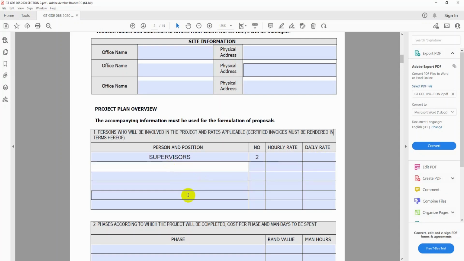And then maybe you will have an installer of all your equipment, and then how many installers. Maybe, for example, I'm just giving an example, you need 4, then you give the hourly rate for these 4, how much they are getting per hour, and then the daily rate, the hours that they need to work.